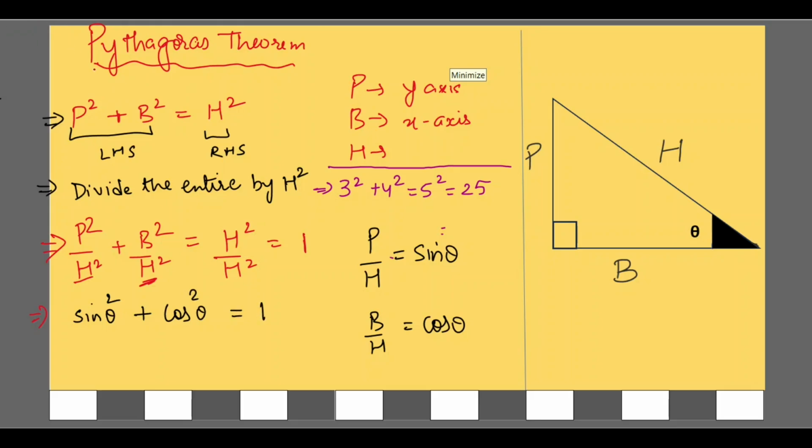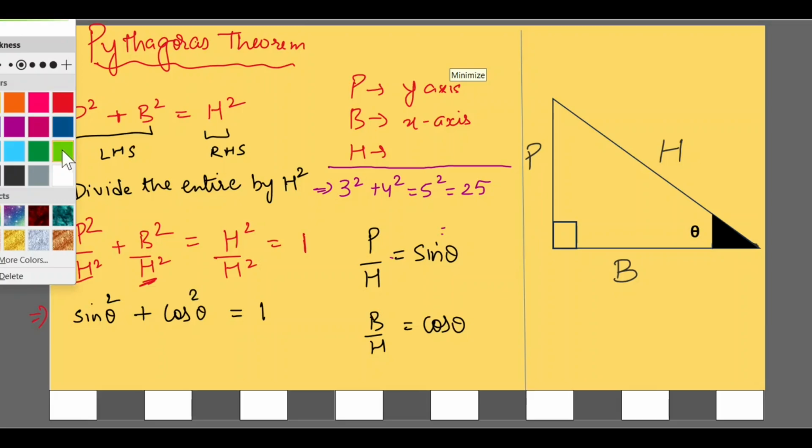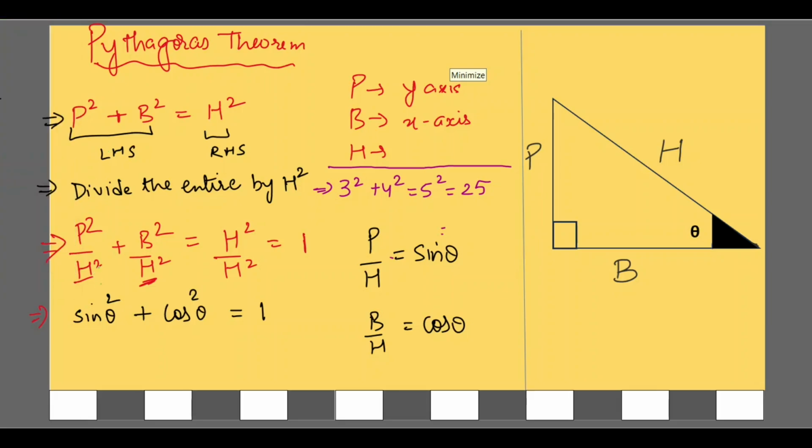Here, p square by h square is sine square theta, and b square by h square is cos square theta, which sum to 1. So as you can see, I have derived sine square theta plus cos square theta equals 1, which is an identity obtained using a right angle triangle.